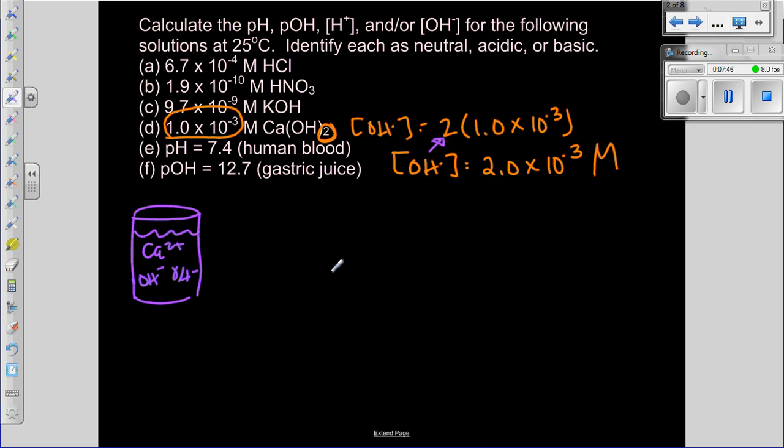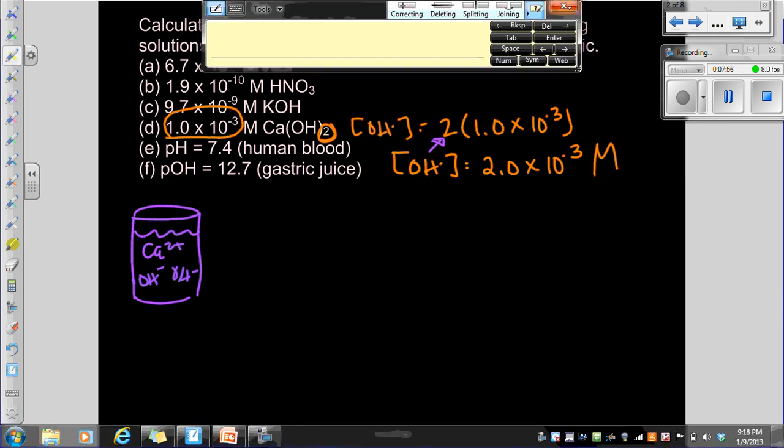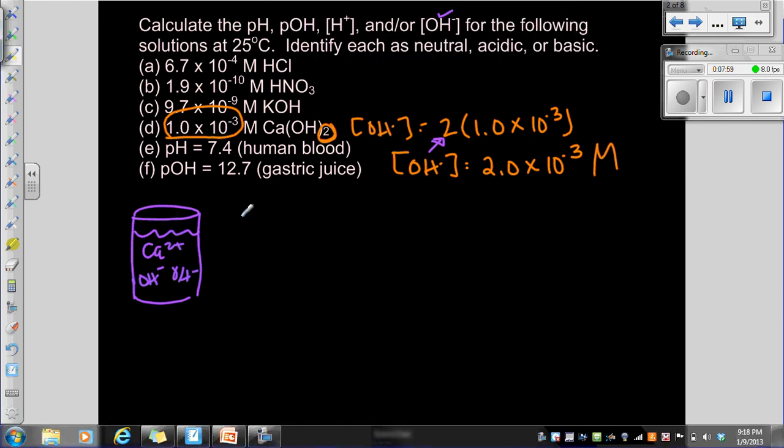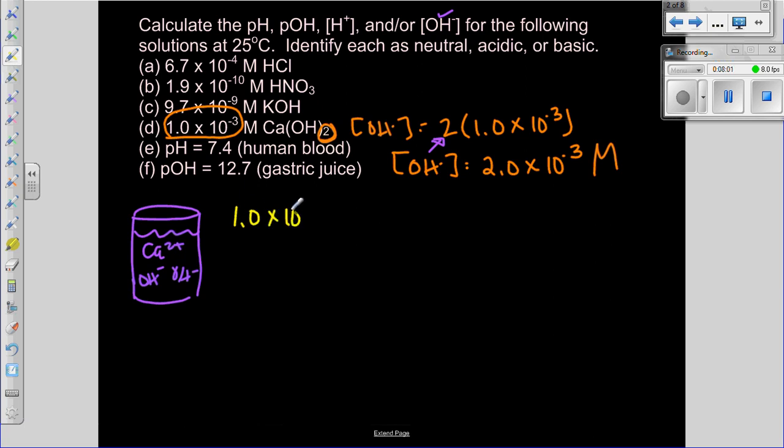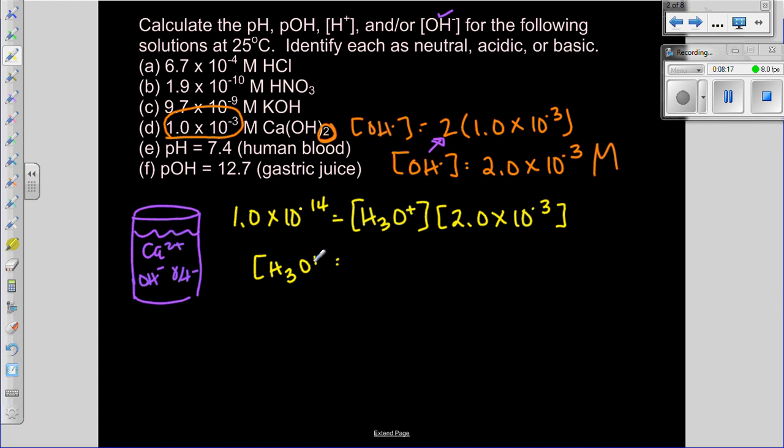Okay, so let's continue. We've got hydroxide ion concentration. Let's get hydrogen ion concentration. And I'm going to do this using the ion product of water. So 1 times 10 to the negative 14th equals hydronium ion concentration, which I don't know what that is, times 2.0 times 10 to the negative 3rd. So I am going to divide both sides by 2.0 times 10 to the negative 3rd.